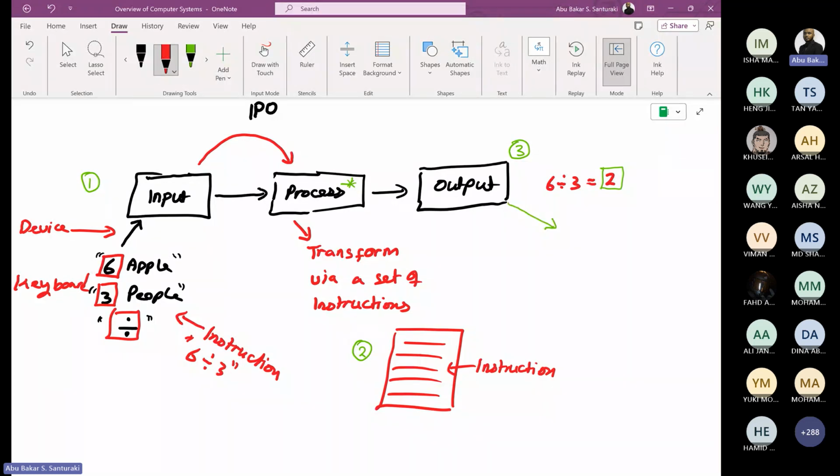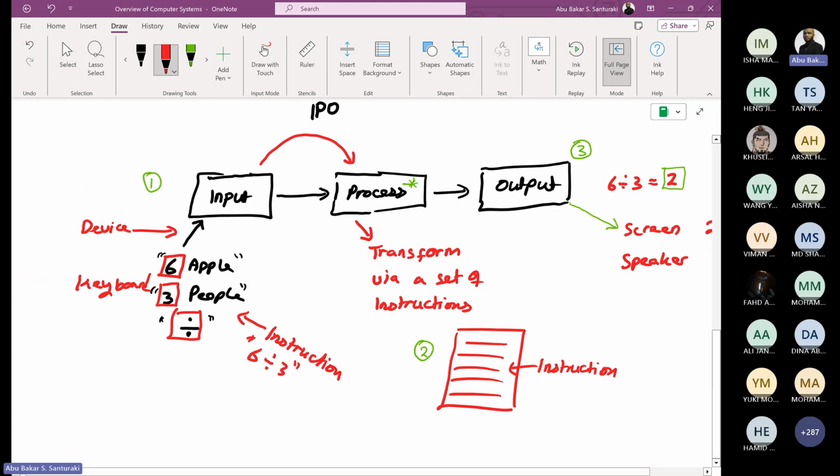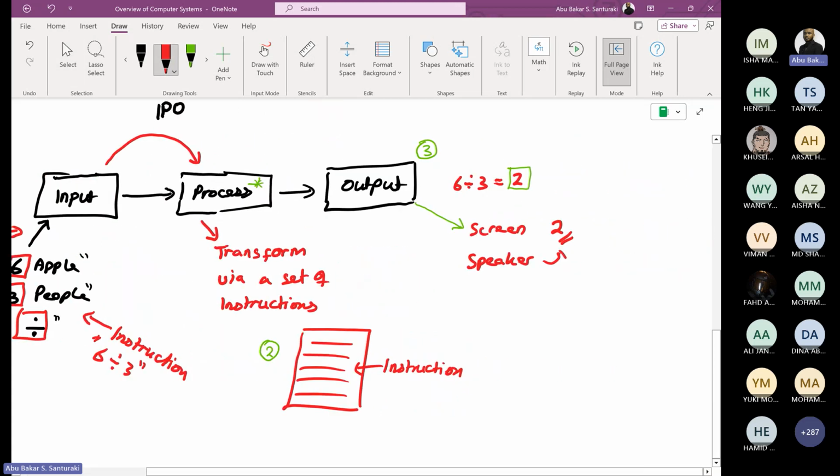And when it is pumped out, it can be pumped out to a screen, in which case you will see the character 2 as the result, or it can be pumped out to a speaker, in which case the computer can say 2 and produce sound to represent the output 2. Am I making sense? So the job of the output device is to transform the signal that is the result into a format that the human being can understand and engage with.